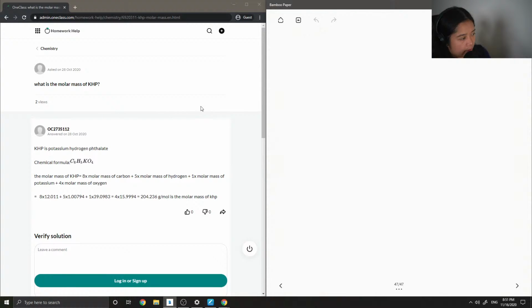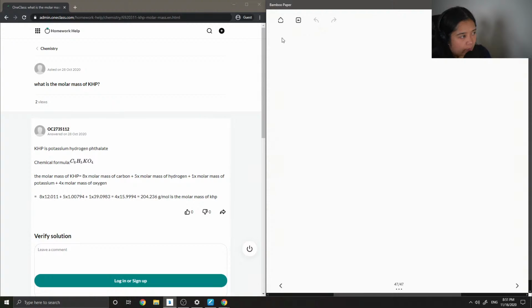Okay, so question 15 just asks, what is the molar mass of KHP? So KHP isn't just potassium, hydrogen, and phosphorus put together in a compound.